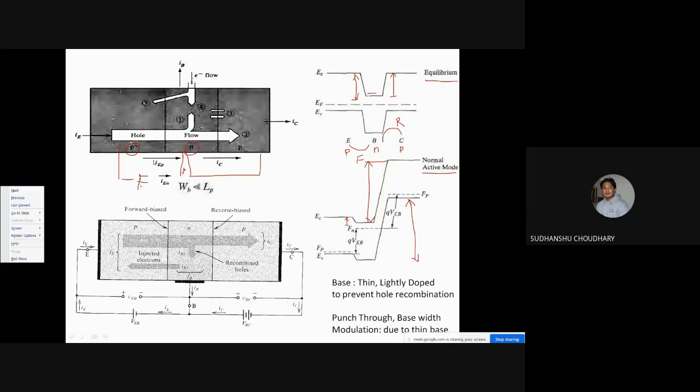Some of the holes will recombine, and the left out holes will reach the collector.